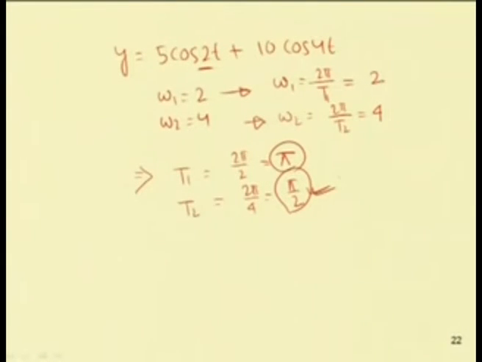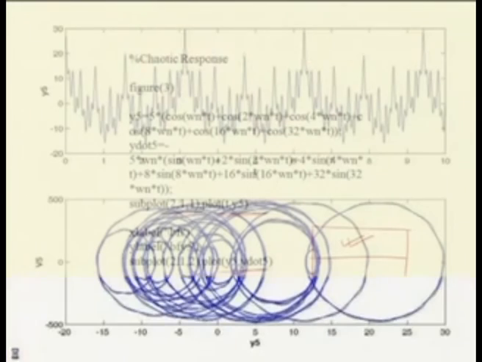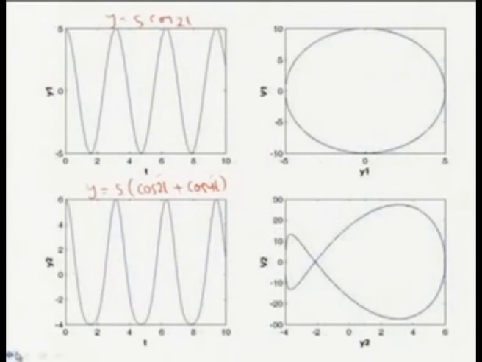So, the lowest period is pi by 2, as I have taken the amplitude to be 5. So, in this case you can observe, this is pi by 2. So, you can have the repetition at pi by 2 interval, but in this case you can see the response to be 2t, so the time period equal to 2 pi by 2, that is pi.